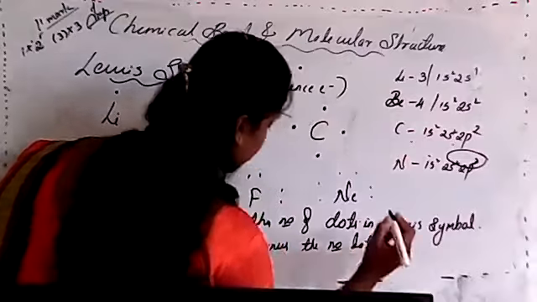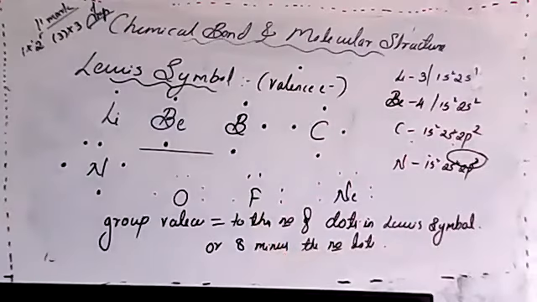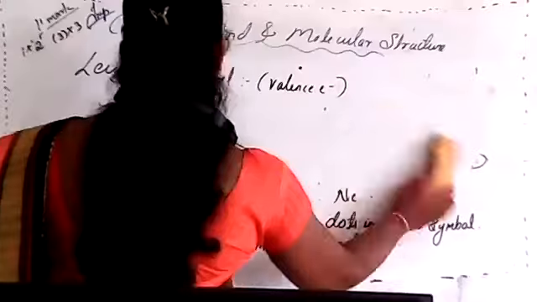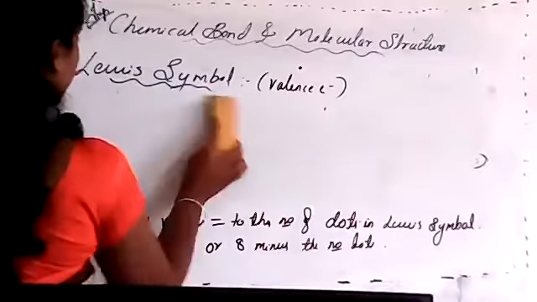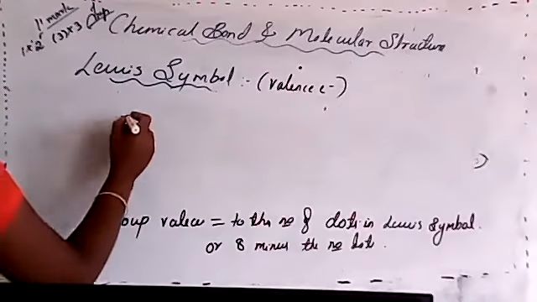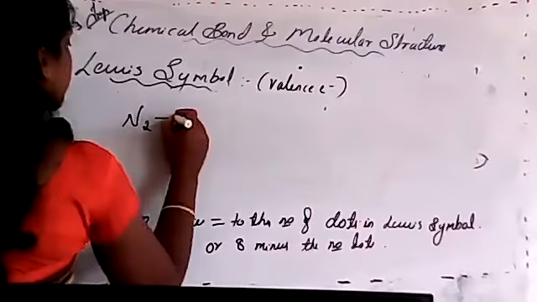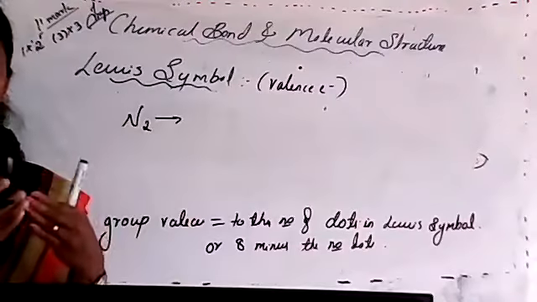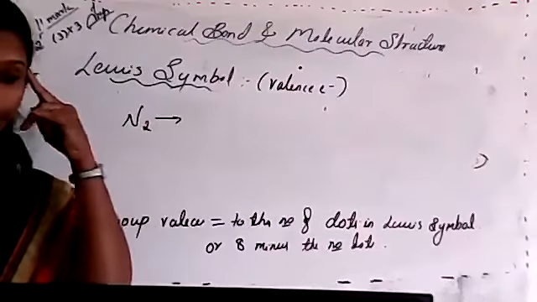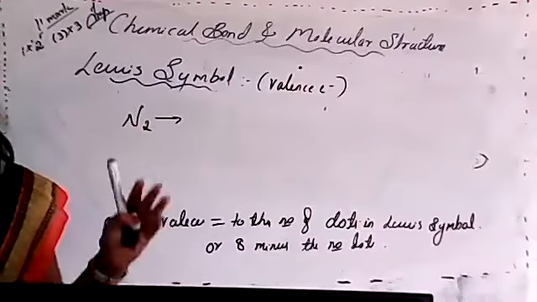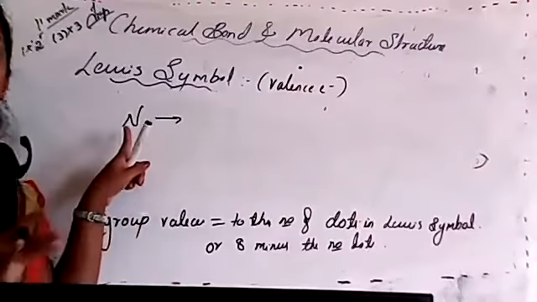I'll explain this. If in case I consider N2, nitrogen, N2. How will you write, student? What will be the number of valence electrons for N2? Student, just listen. The question is the number of valence electrons in the case of N2.